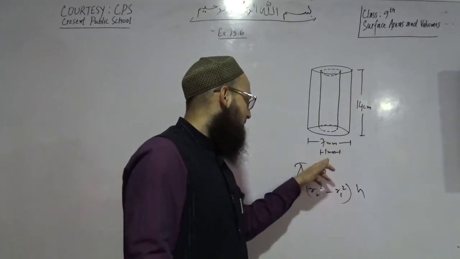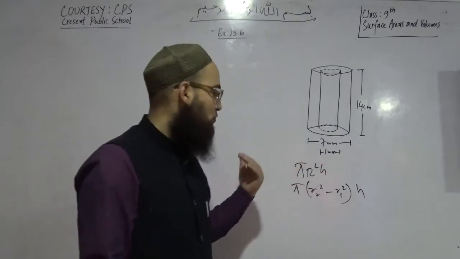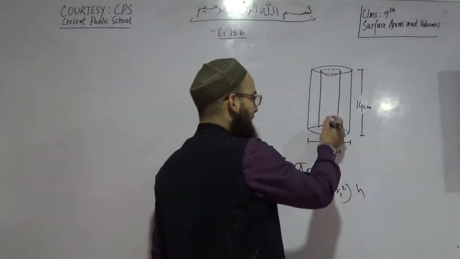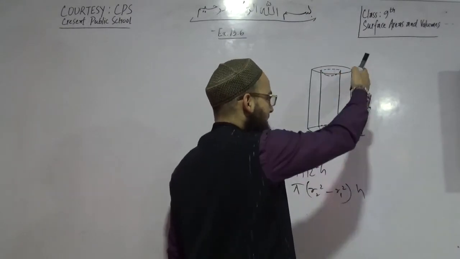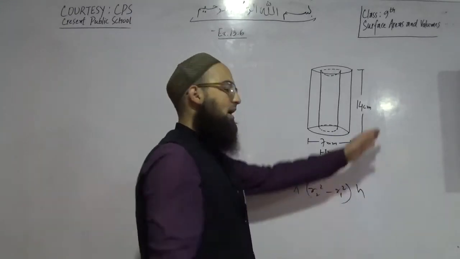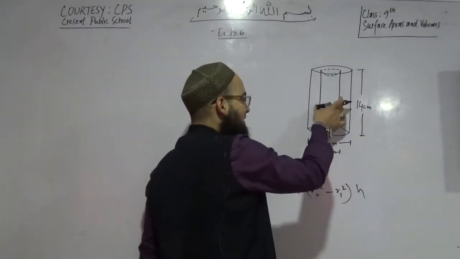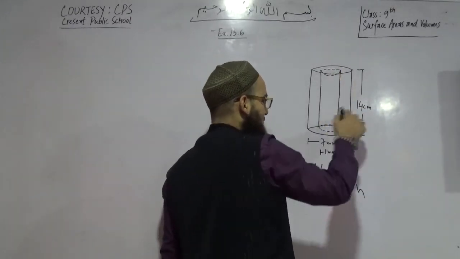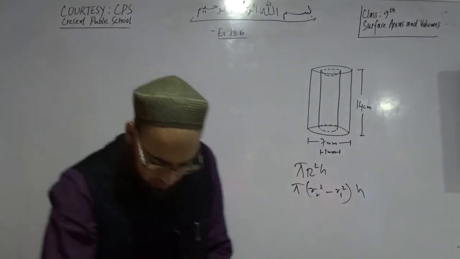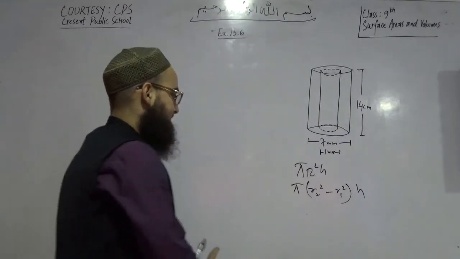Now R1 is the inner radius, 1 by 2. So you'll get the volume of the wood. And volume of the graphite is easy to find. Pi r square h. In both the cases your height is 14 centimeter. In case of graphite, your radius is 1 by 2, that's 0.5. So you'll get it easily.